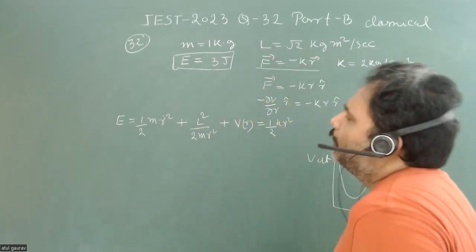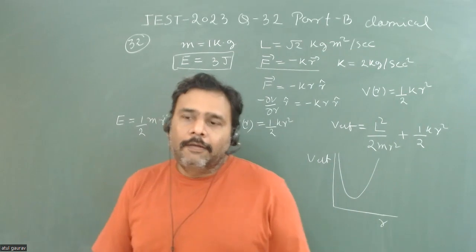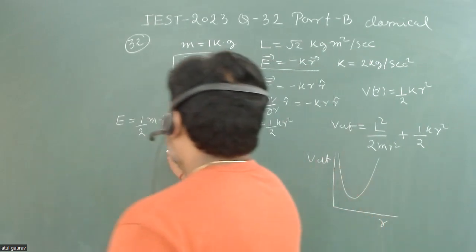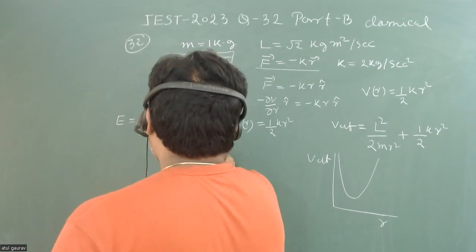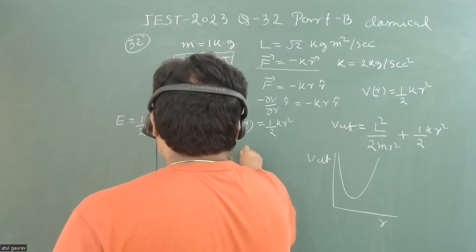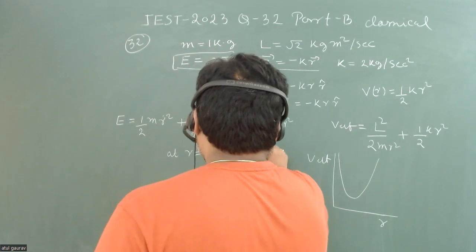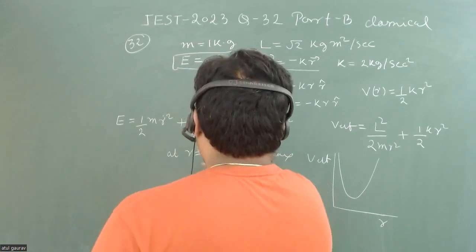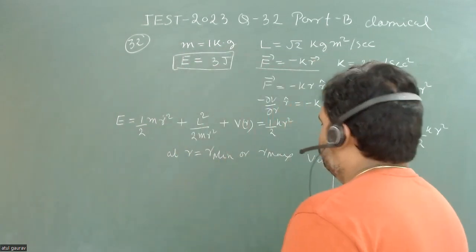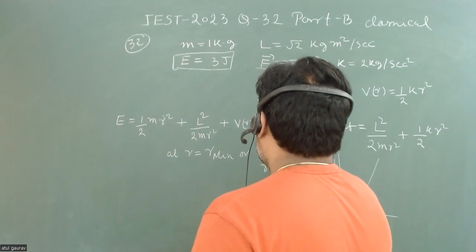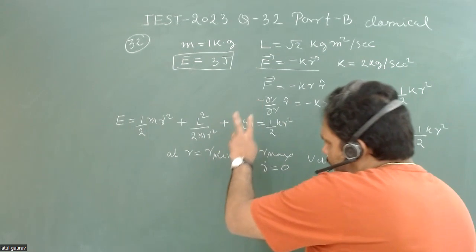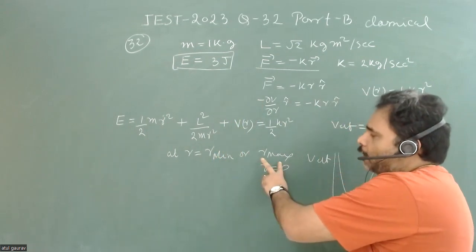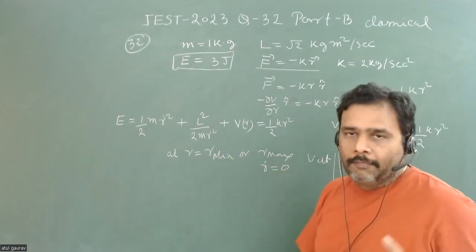Now, what is the beautiful part of the turning point? The beautiful part is that at r equal to r minimum or maximum, we have r dot equal to 0. And we have to check whether we are getting two real r minimum or maximum, or only one real r minimum or maximum.